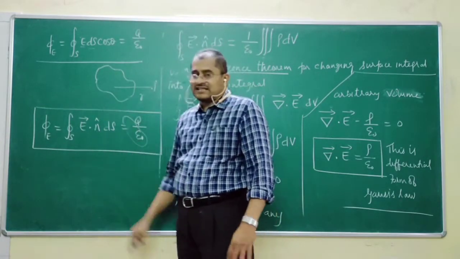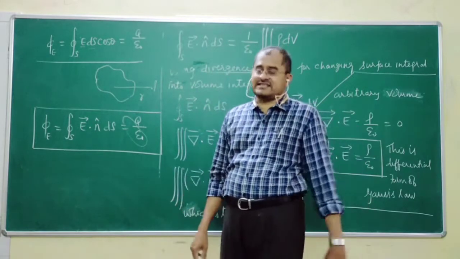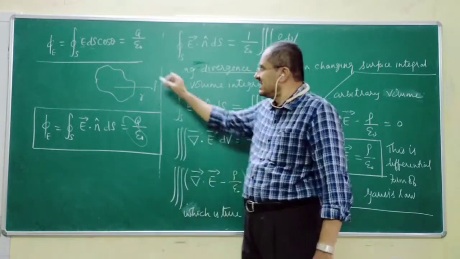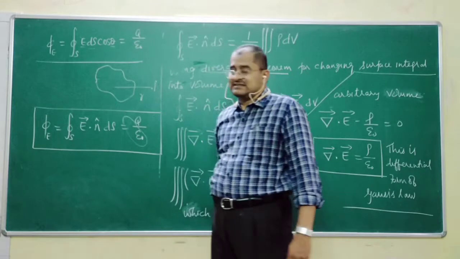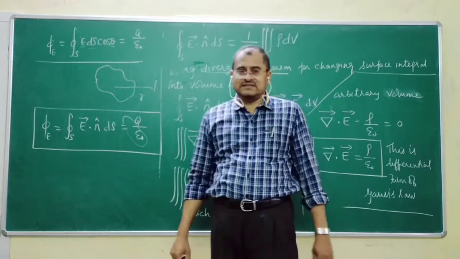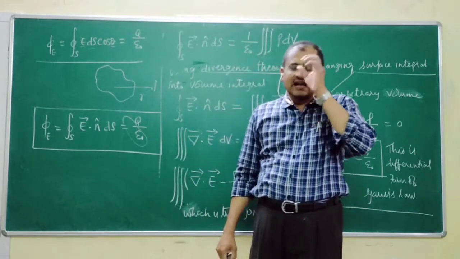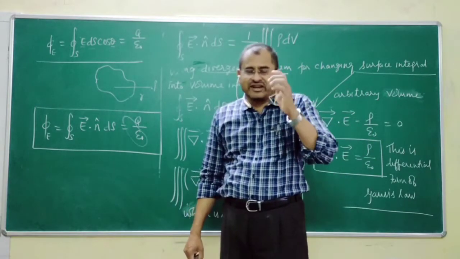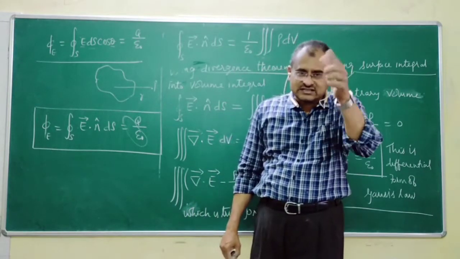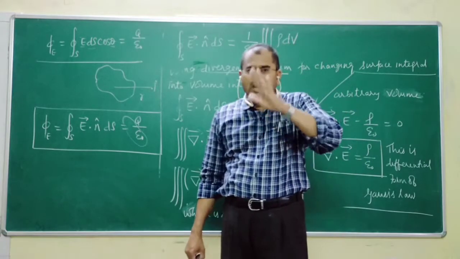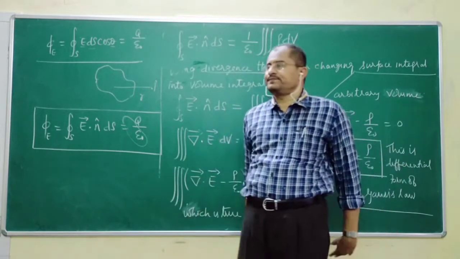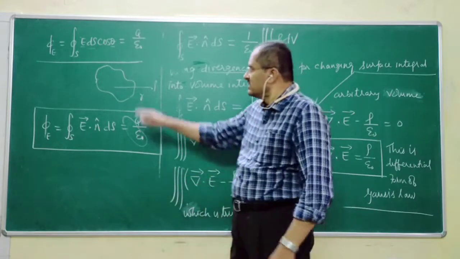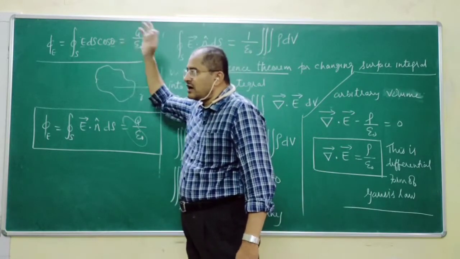This is not a symmetric surface, which means the angle theta subtended between electric field and the area vector, or electric field and the unit vector to the surface you take, will not be the same everywhere, which means cos theta is also a variable.